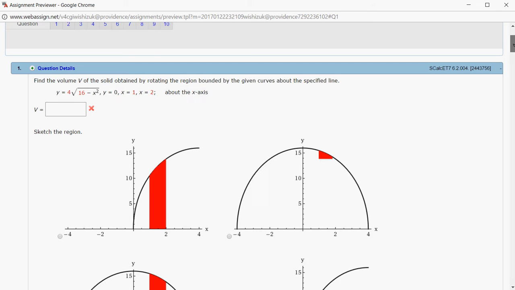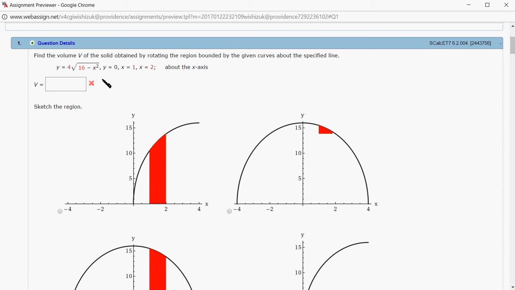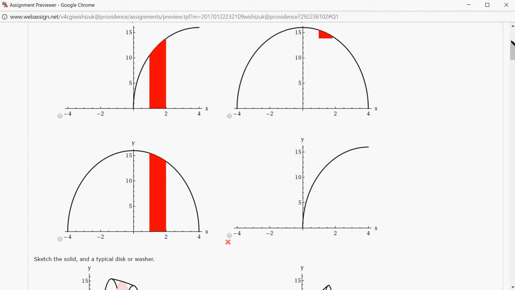But since the boundary lines are y equals 0, which is the x-axis, and x equals 1 and x equals 2, those are a couple of vertical lines. You can see here this is x equals 1, here's x equals 2, and here's the x-axis. So this is the correct picture.